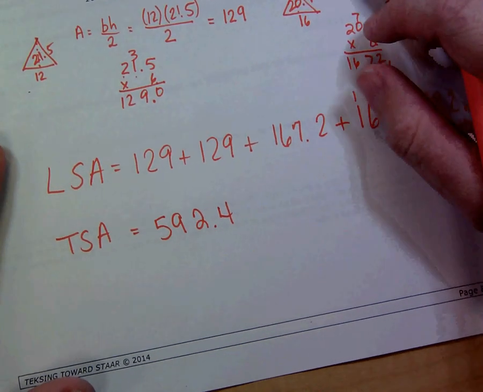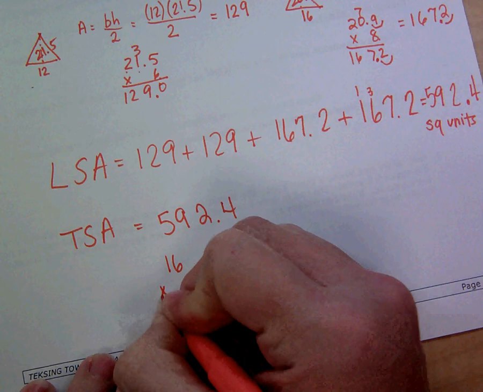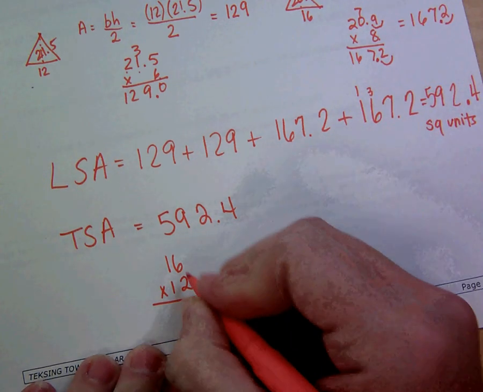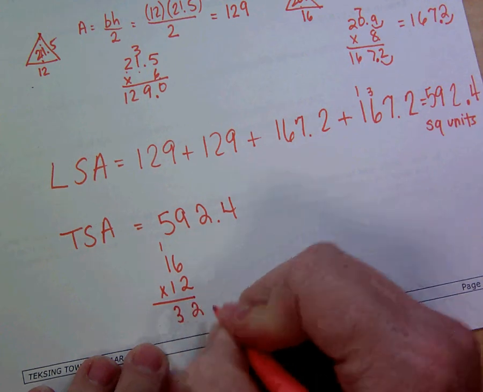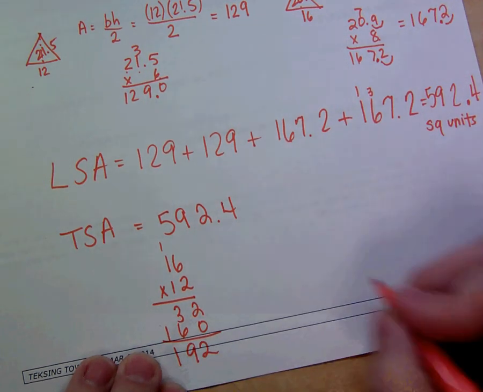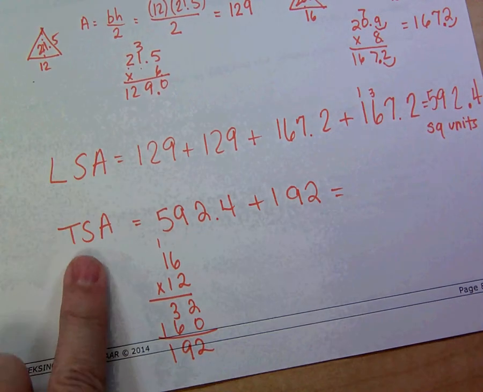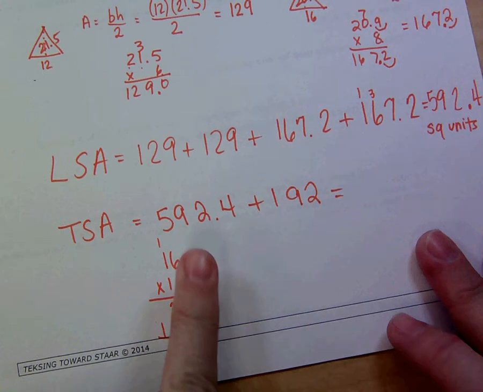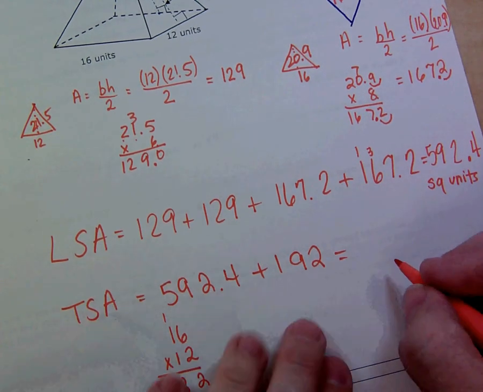And so the base is 16 by 12. 2 times 6 is 12. 1, 3, 0, 1, 6, 192. So if I add 192 to the lateral surface area, I will have the total surface area.